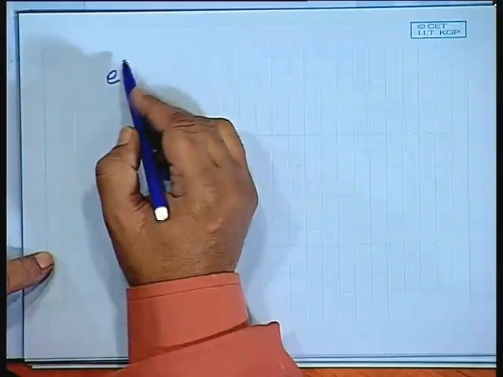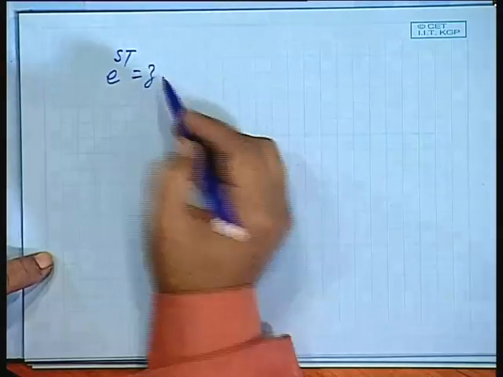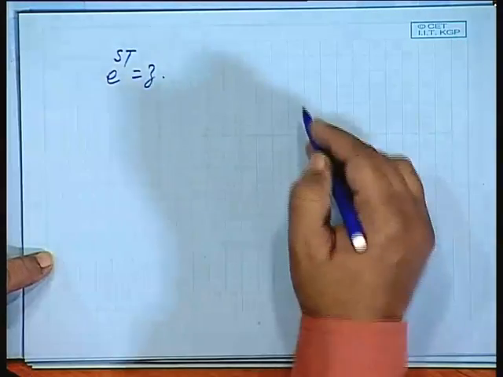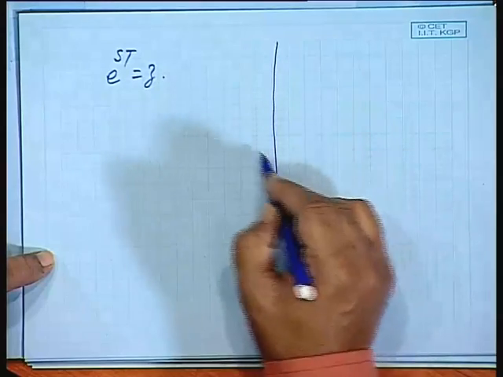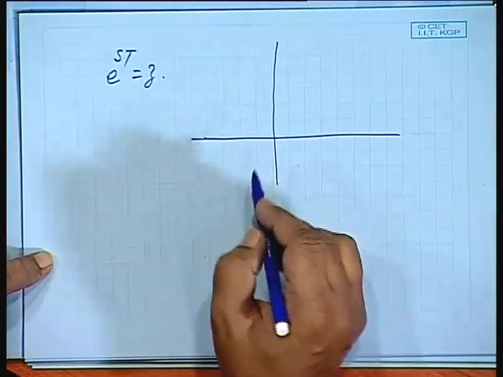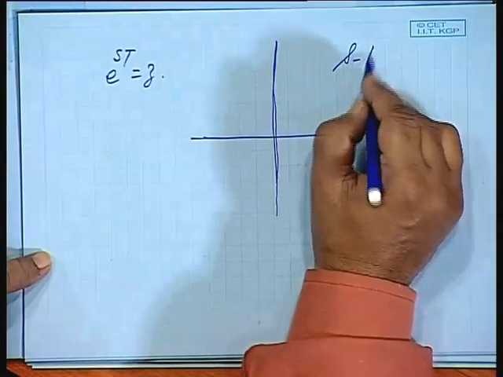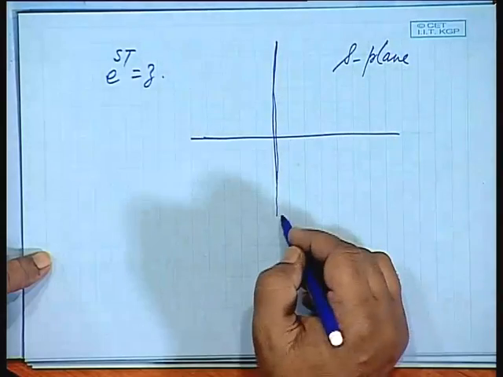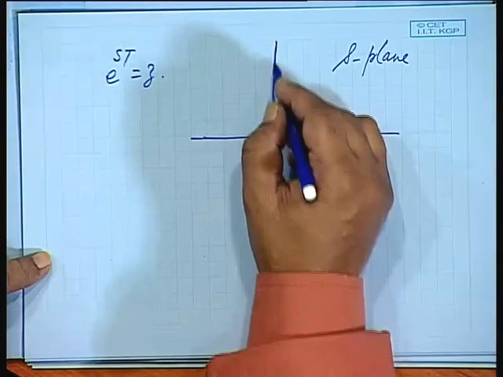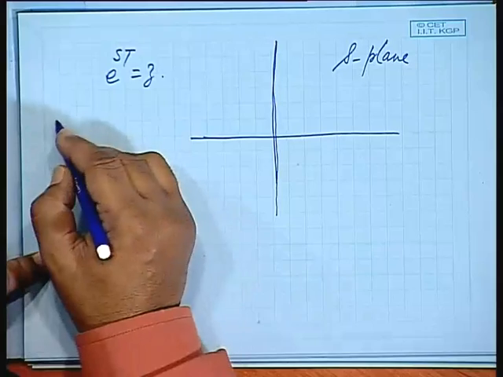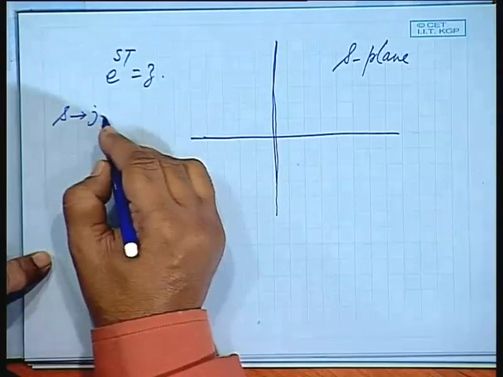Now, what is so good about these transforms compared to the simpler approximations, 1 minus z inverse by t. So, let us see e to the power st equal to z. If this is a real transform from z to s, where do I get the imaginary axis of the s plane mapped in the z plane? When I vary s equal to j omega, s is made j omega.